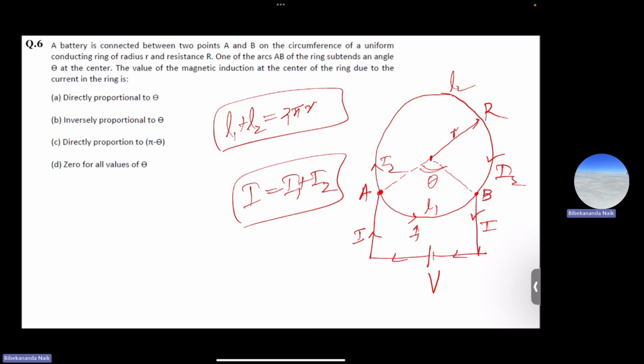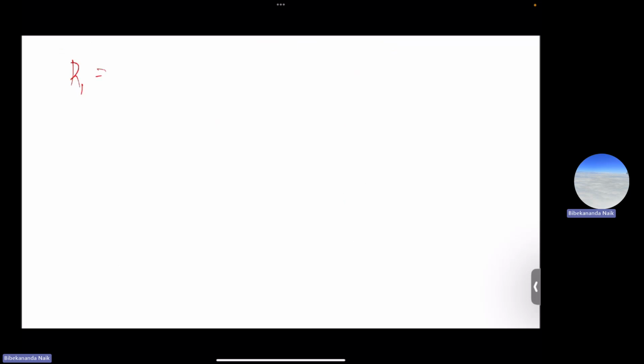Now if you talk about the resistance, we know the resistivity is independent of the length. So what will be the resistance R1 for this portion L1? Suppose the resistance for L1 is R1, and for L2 it is R2.